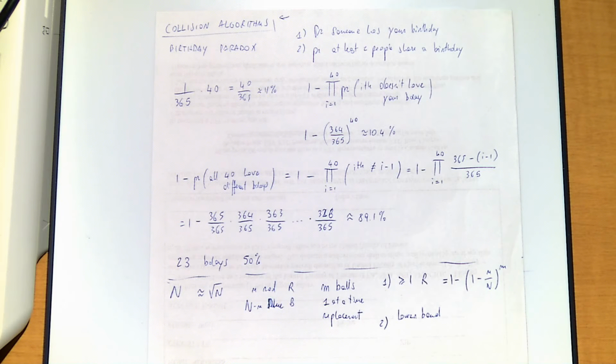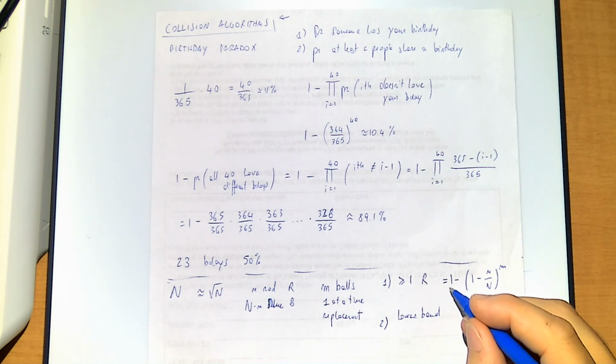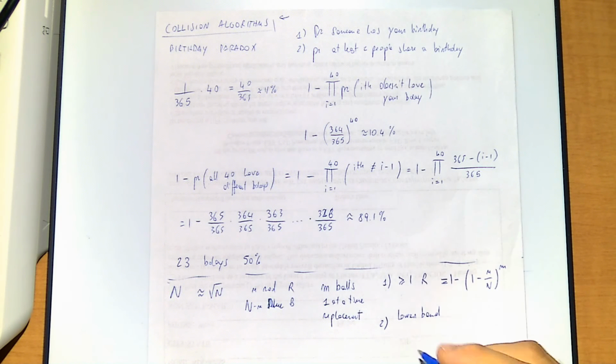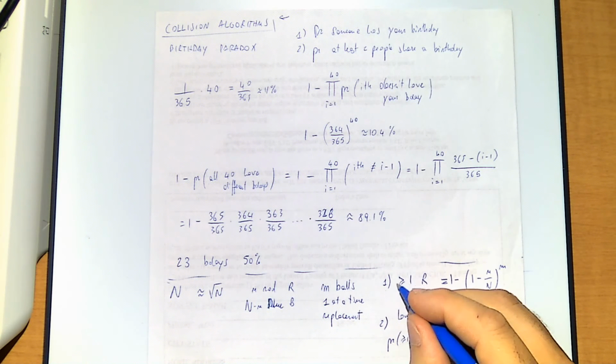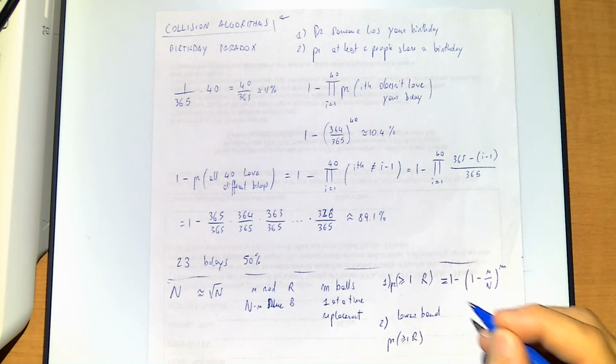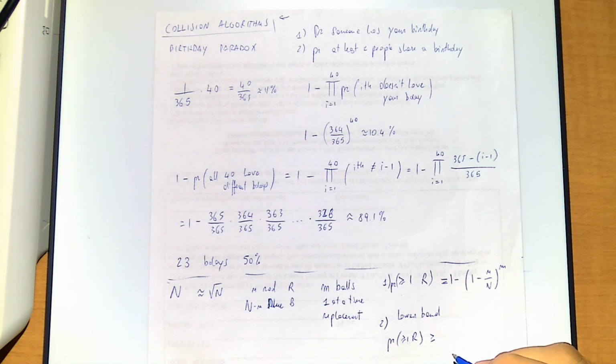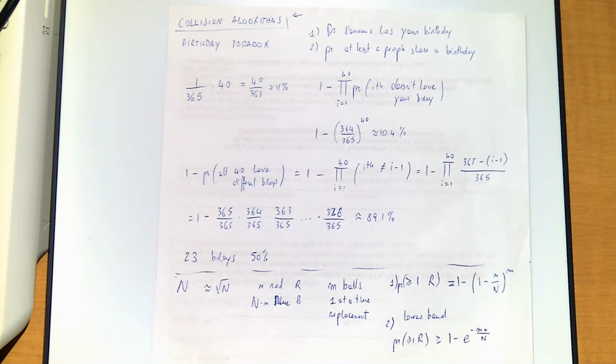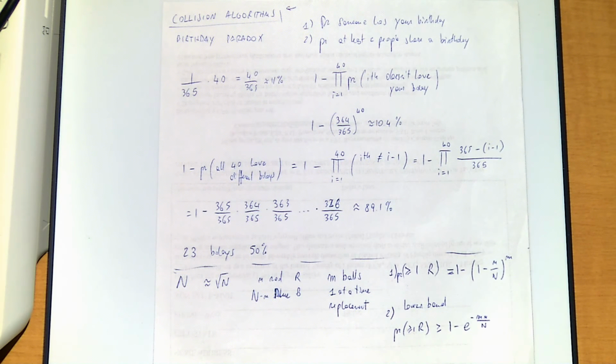The probability of at least one red, here we have an equality, right? But a lower bound would be that the probability of at least one red is at least 1 minus e to the minus mn over N. Wow, where does this exponential come from?